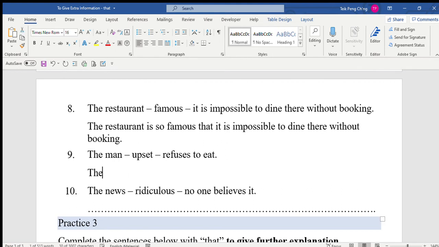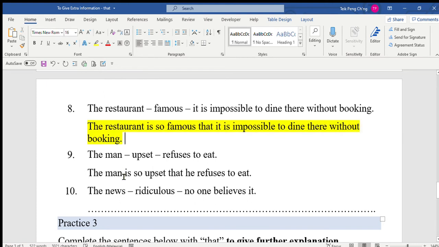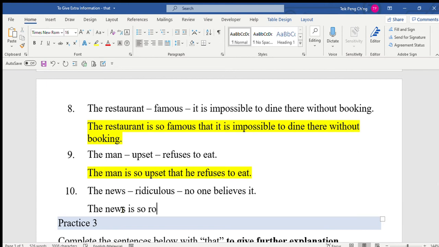Number 9, the man is so upset that he refuses to eat. Number 10, the news is so ridiculous that no one believes it.